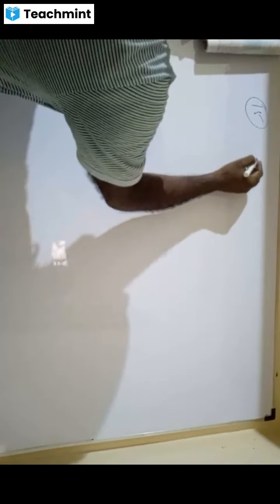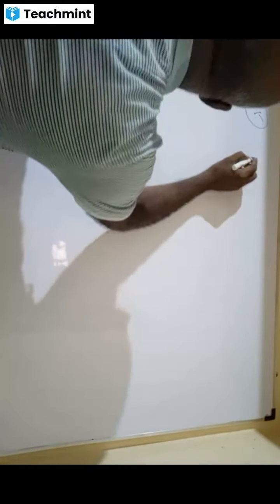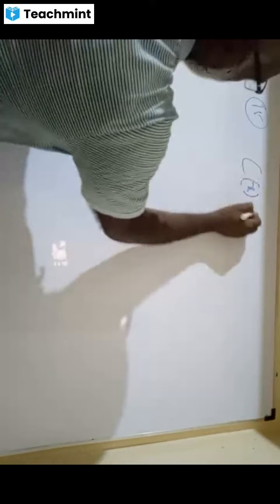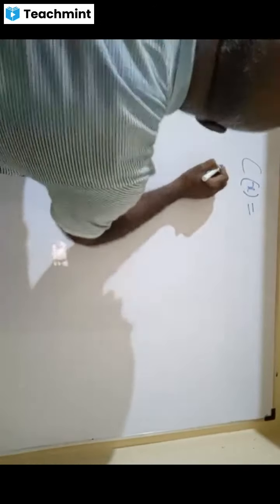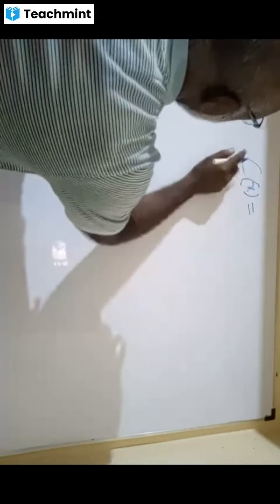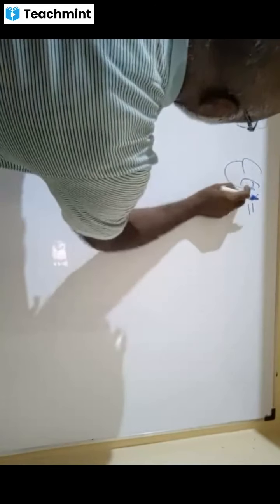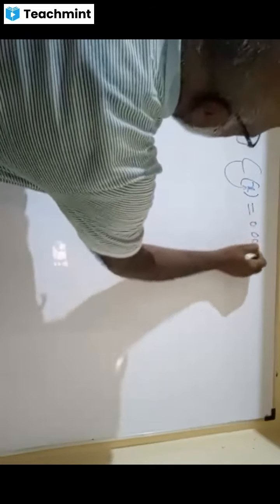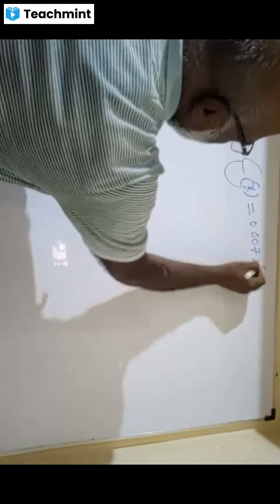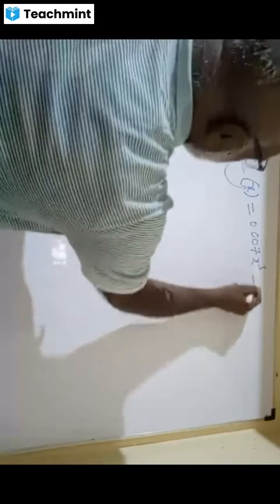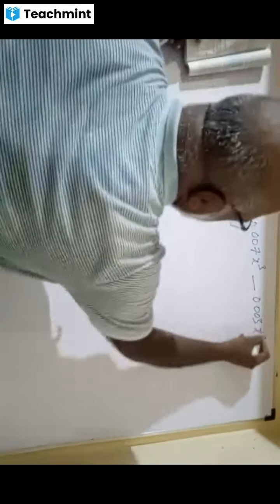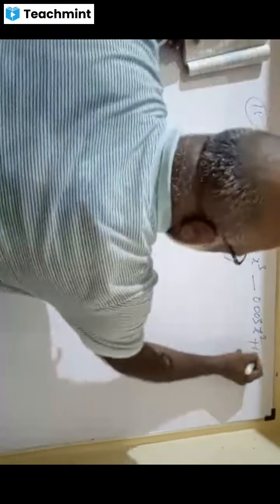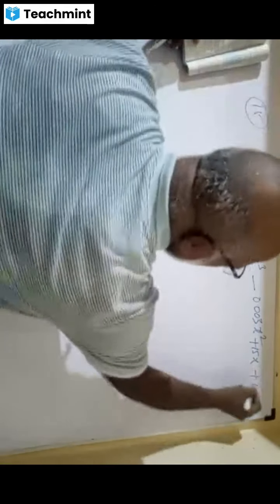The 15th one. The total cost in rupees associated with the production of X units of an item is given by C of X, the cost associated with the production of X units, given as 0.007 x cube minus 0.003 x square plus 15x plus 4000.